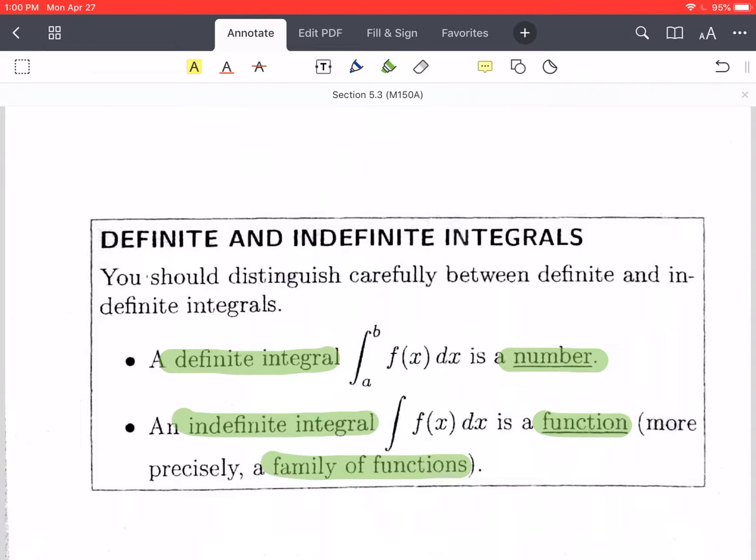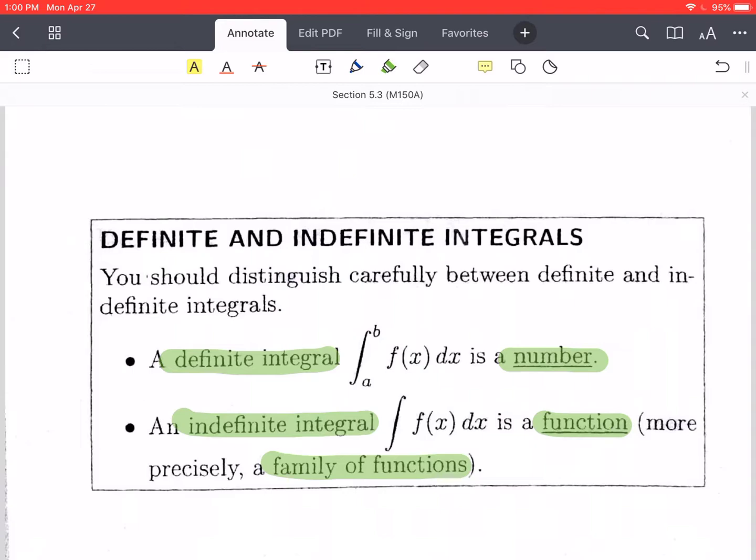Area is always a number. Whereas an indefinite integral is just an antiderivative, and it's more like a family of antiderivatives with the c value being arbitrary. So a definite integral is an area, it's a number. An indefinite integral is a function. Okay, so it's a family of functions. It does not give us a numerical answer.